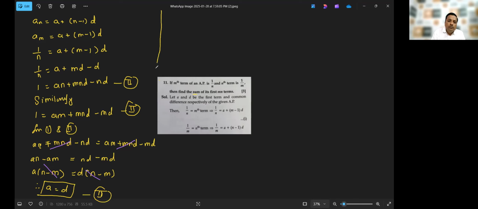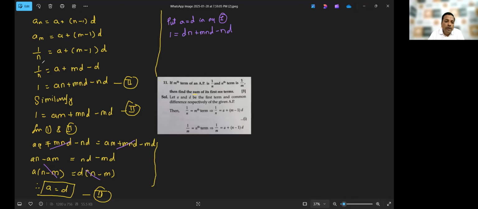Now what to do? हम क्या कर सकते हैं अभी? We have to put this value. Put a is equal to d in equation 1. Equation 1 में put up करके d निकालते हैं. So equation 1 is 1 is equal to, in the place of a हमें d करना है, dn plus md minus nd.